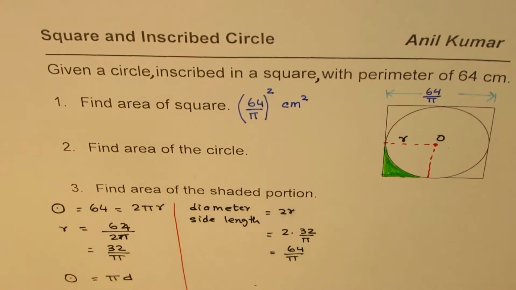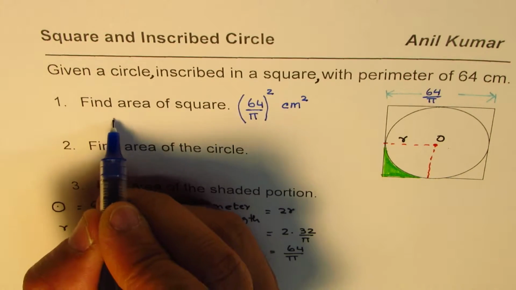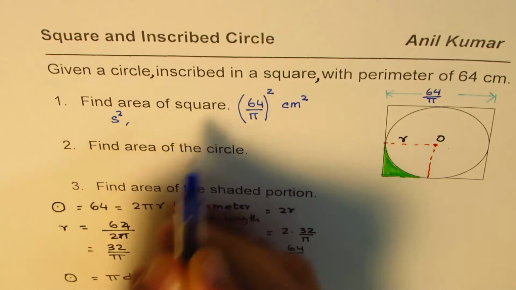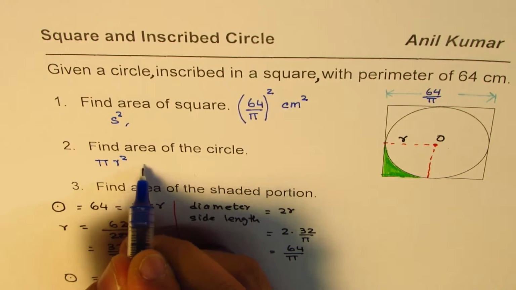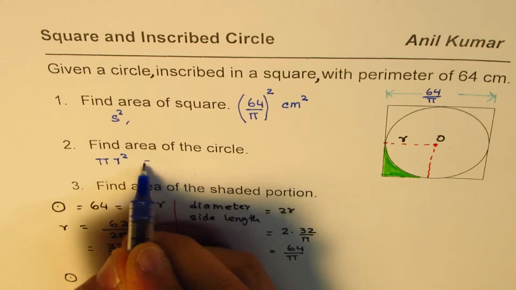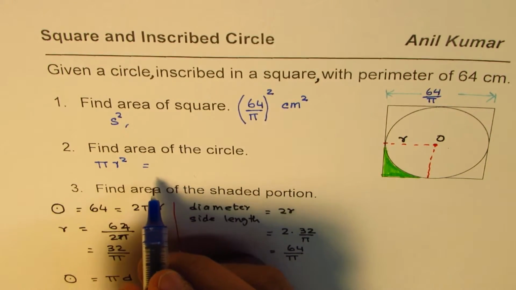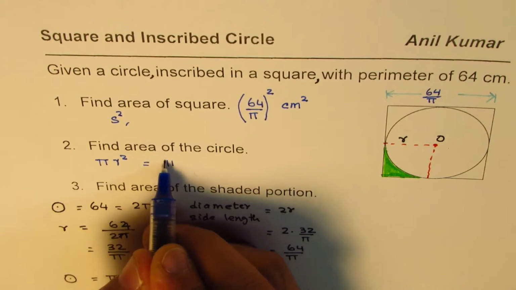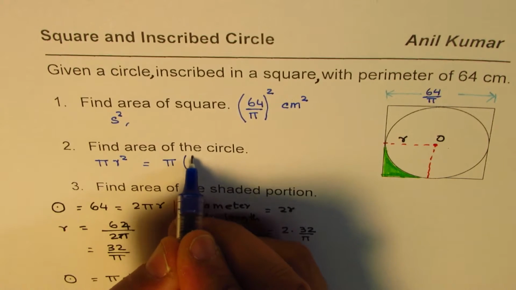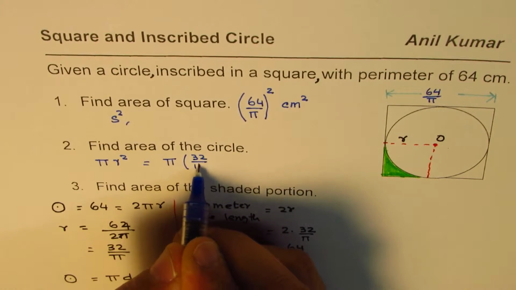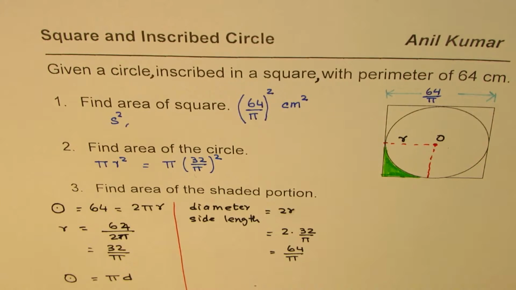Find the area of the circle. For the square the formula is side squared, correct, which we used. Now here the formula is pi r squared. Using this formula, the area of the whole circle inscribed in the square is pi times the radius, which is 32 over pi, squared.